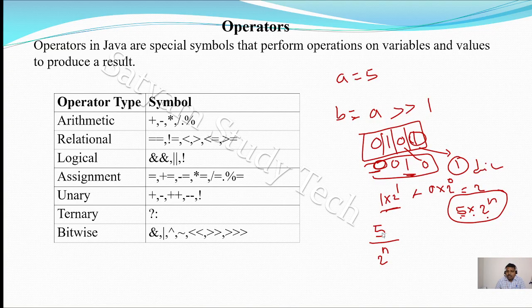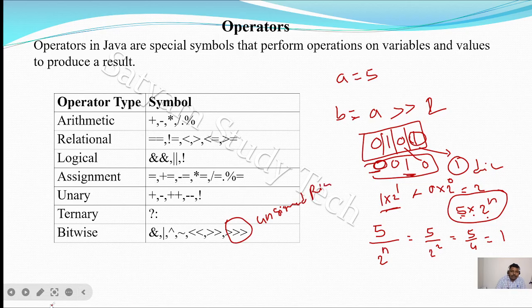For example, if you want to shift 2 bits right, that means 2 power 2. So 5 by 4, the value is 1, right? Likewise you have to perform. What is the meaning of this one? It is an unsigned right shift. So what is the difference?